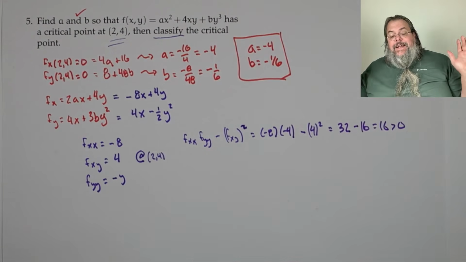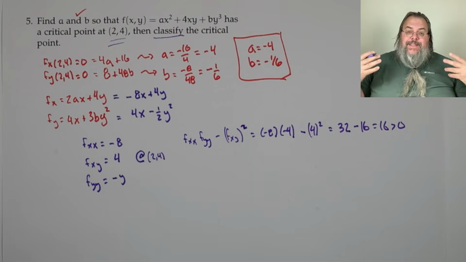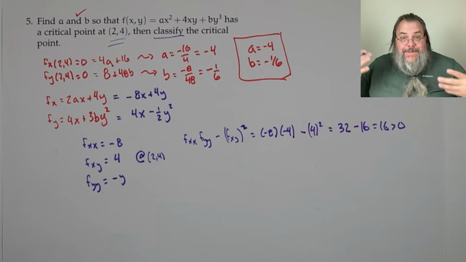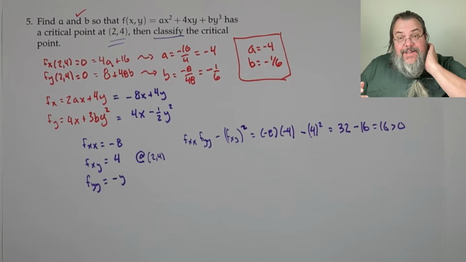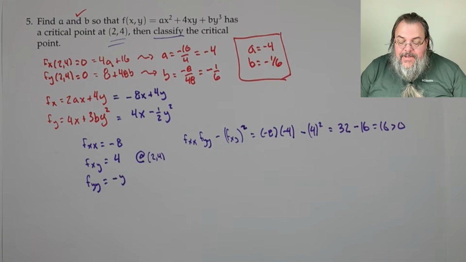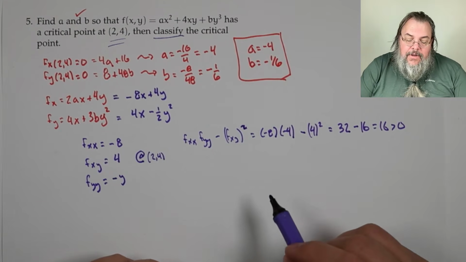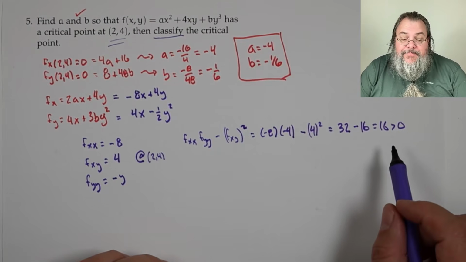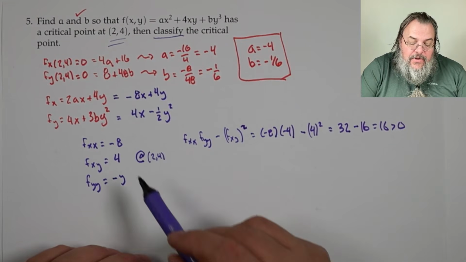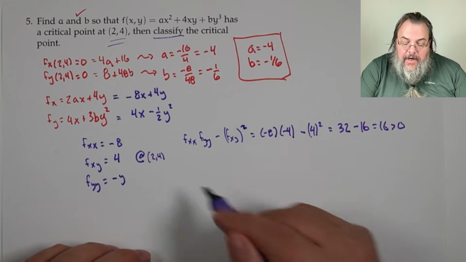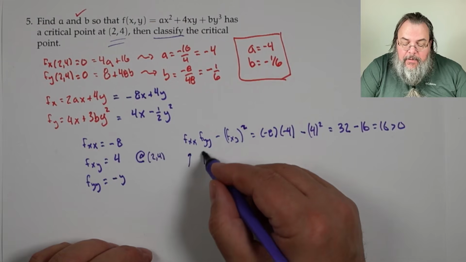All right. Now that we know it's positive, that tells us, hey, you've got something interesting going on. It's not a saddle. What is it? Well, now we say it's either a max or a min. And to figure it out, you look into either fxx or fyy.